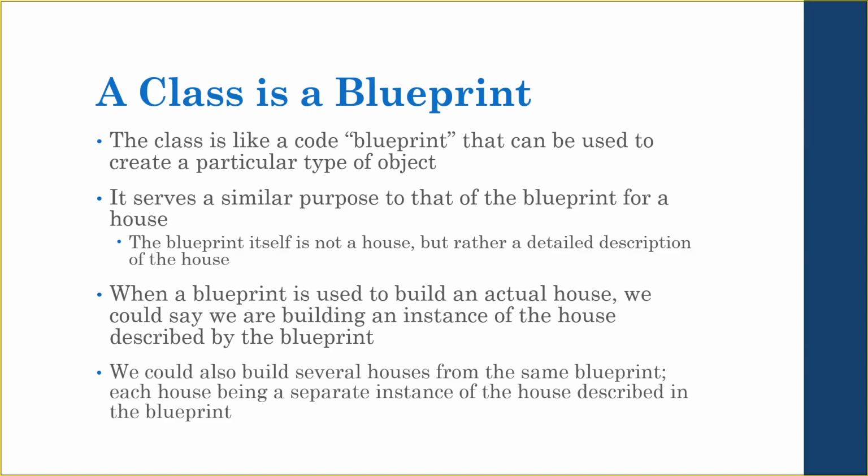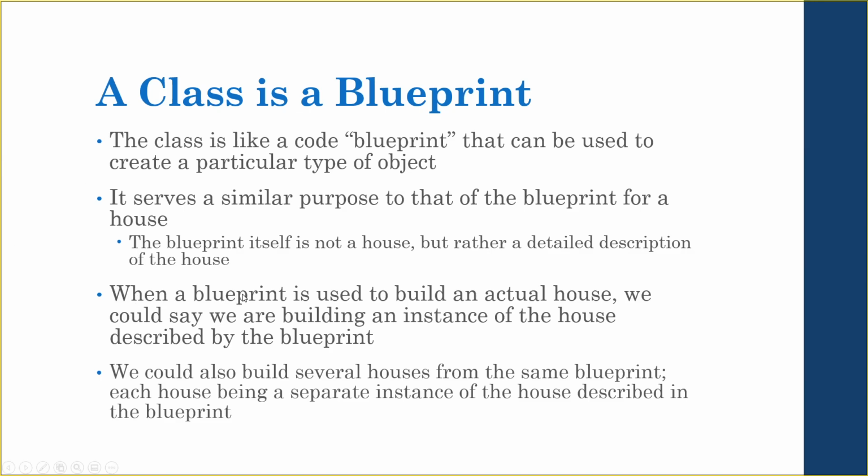All of that stuff is part of the blueprint. When we use a blueprint to build a house, we could say that we are building an instance of the house that is described by that blueprint. We could also build several houses from the same blueprint, each house being a separate instance of the house described in the blueprint. The same is true for objects and classes.